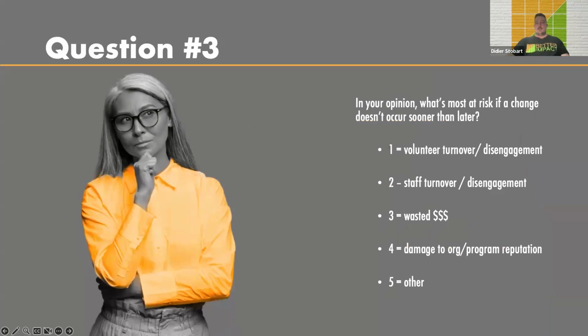So last question. In your opinion, what's most at risk if a change doesn't occur sooner than later? Is it number 1, volunteer turnover, disengagement? Number 2, staff turnover and disengagement? Number 3, wasted budget? Number 4, damage to organization program reputation? Or number 5, other?